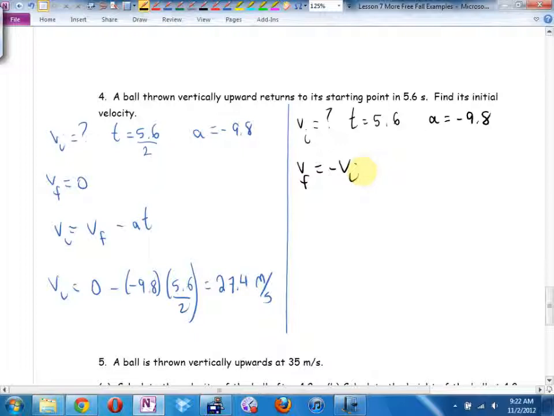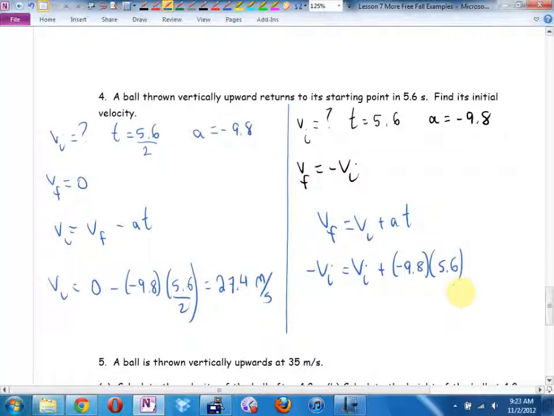And then if I take that equation that says VF equals VI plus AT, I could write it as negative VI equals VI plus negative 9.8 times 5.6. Let's get all the VI's to the same side.